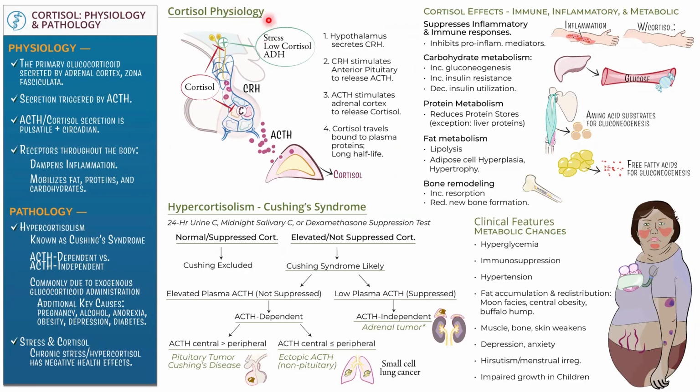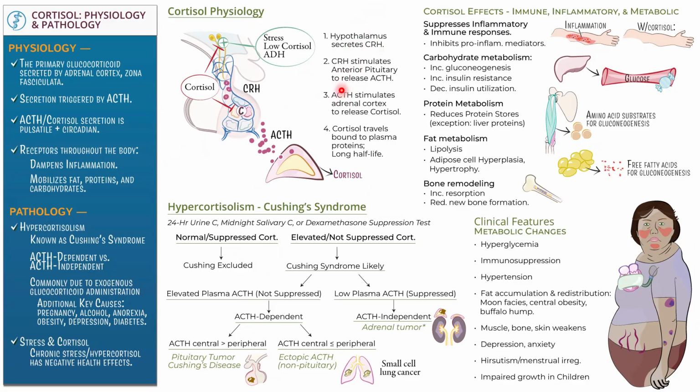Cortisol physiology that we can have here is that we can have production of hypothalamus, which produces corticosteroid releasing hormone. This corticosteroid releasing hormone comes to the pituitary gland, enables it to produce ACTH.